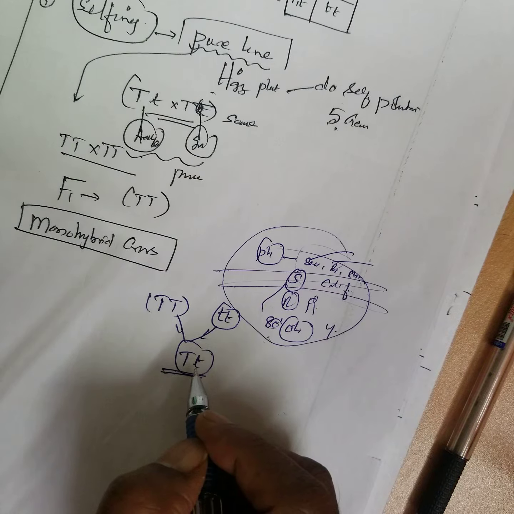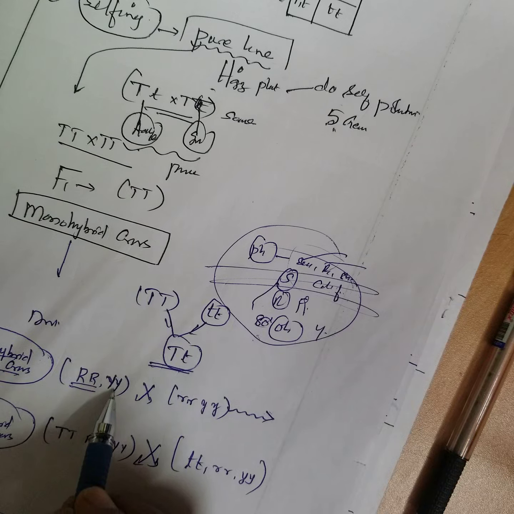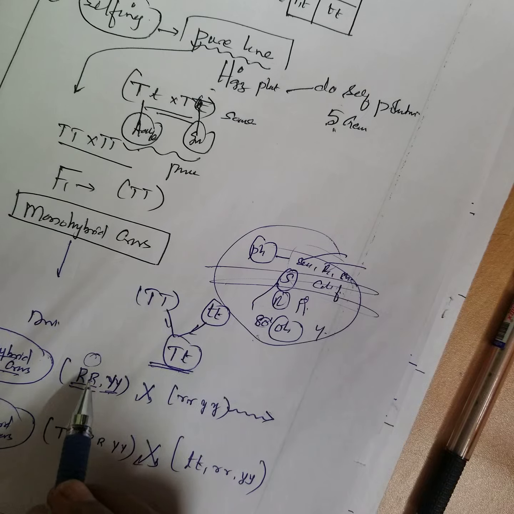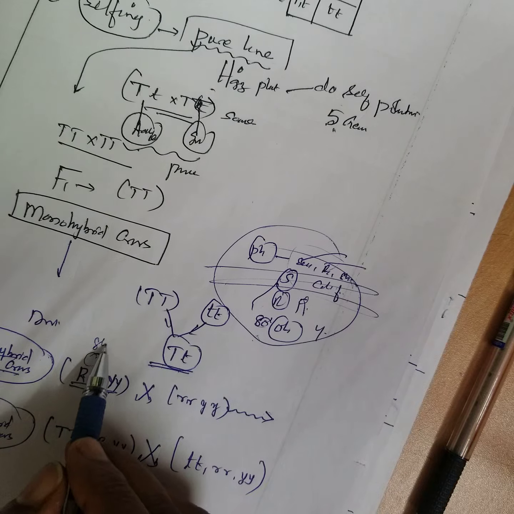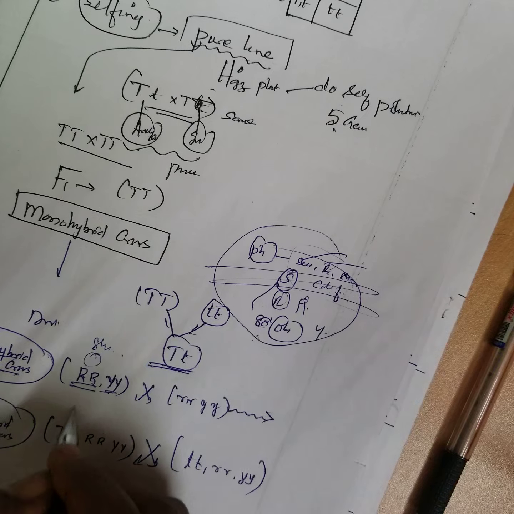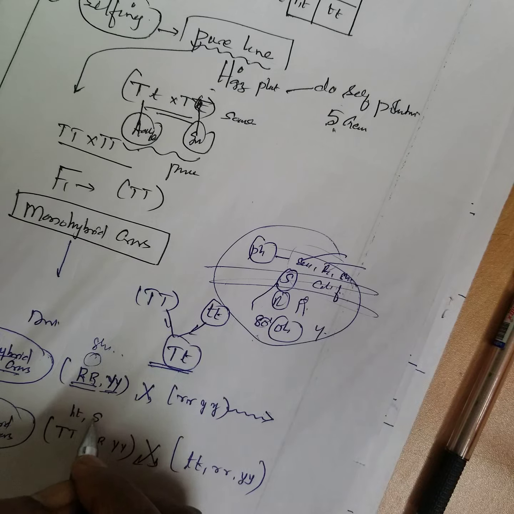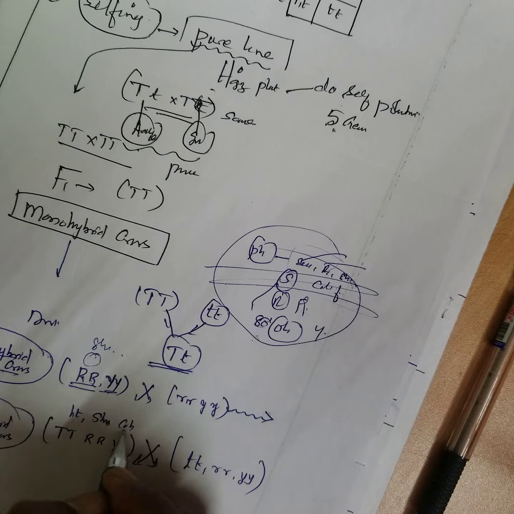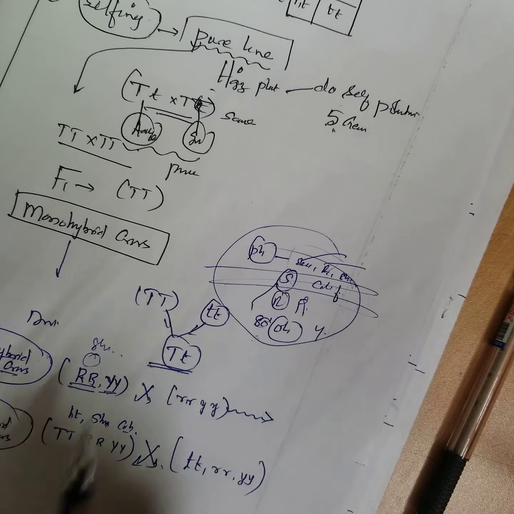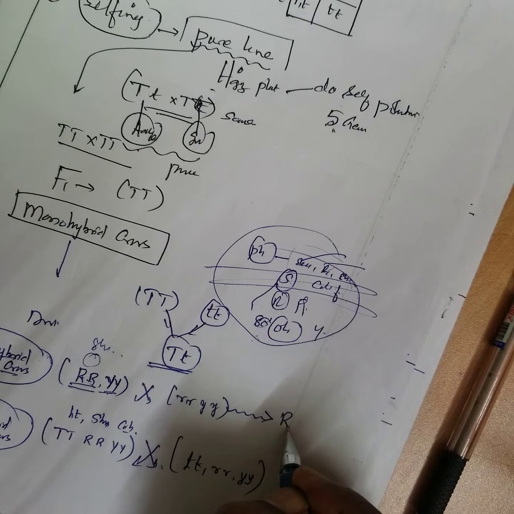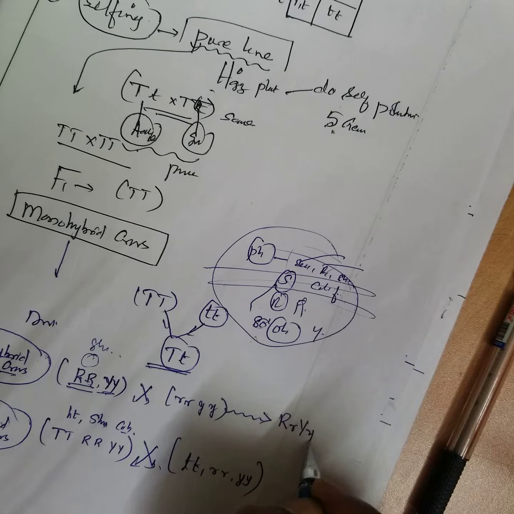Similarly, you have the dihybrid form. Dihybrid means I'll take two characters, and trihybrid means three characters. In a dihybrid cross, RR means round, YY yellow: shape and color. I'll take shape and color, capital R, small r, capital Y, small y.